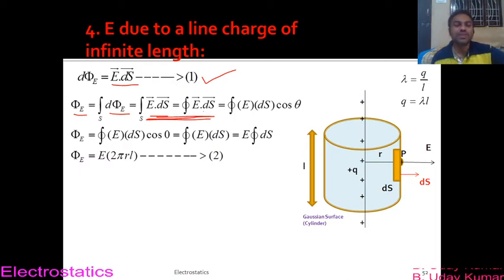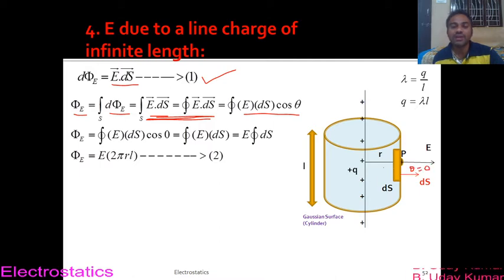Okay, that's it. Now since we know the dot product E dot ds is written as E ds cos theta, where theta is the angle between E and ds. Remember, E and ds are along the same direction here, that means theta will be 0.